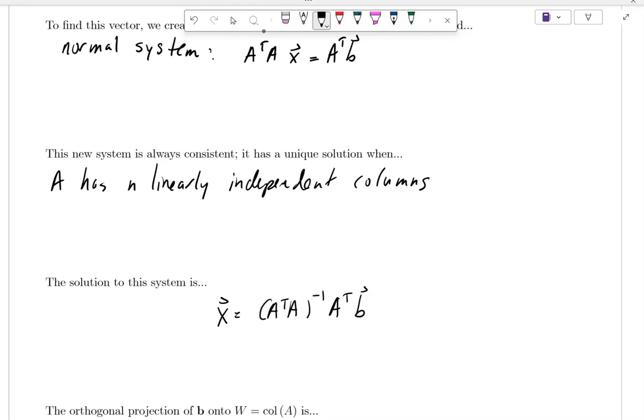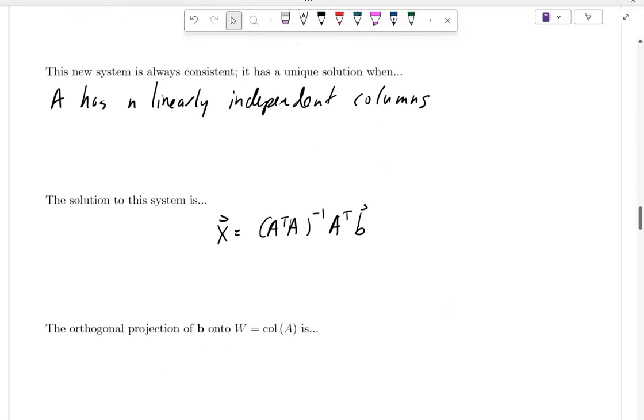That actually gives us the least squares solution, which is what we're typically looking for, as we'll see in the next example. However, sometimes we might want to figure out what the orthogonal projection onto the subspace is.